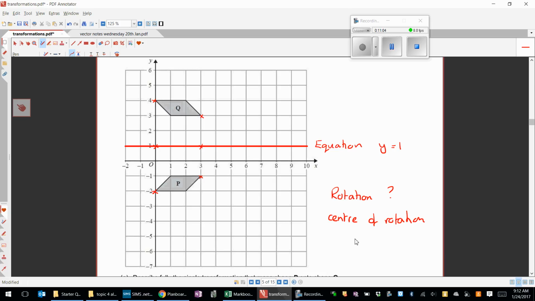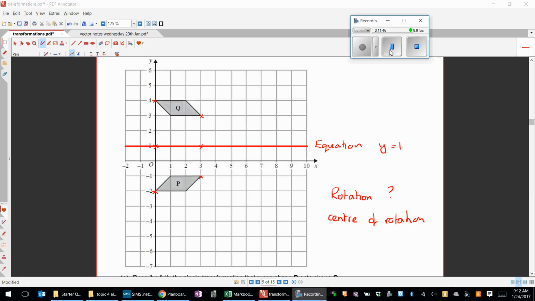Make sure it's kind of at the top, because what you need to do is put your tracing paper over it, trace it, and then start putting your pencil on points of the grid on the tracing paper, and then rotating the tracing paper and see if you can match Q onto P afterwards. Now remember, you need to keep the initial Q on the Q. So see whether you can do it. It's a bit of a trial and error process at the moment.